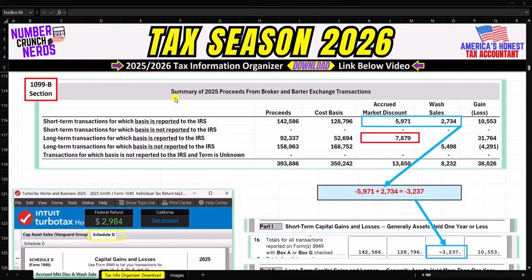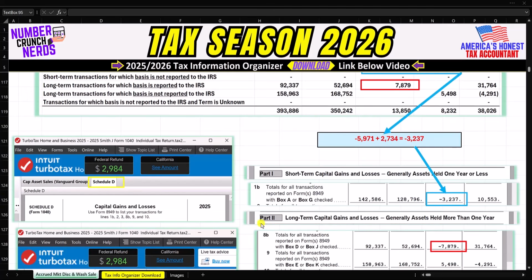So now, if we go through this example summary for 2025 of these proceeds from the disposal of securities, and we follow this chart through to the tax return, let's start with this third transaction right here, because this one is very easy to see. We have $92,000 proceeds, $52,000 cost basis. Then we're also going to subtract out this $7,879 of accrued market discount, resulting in a capital gain of $31,764.